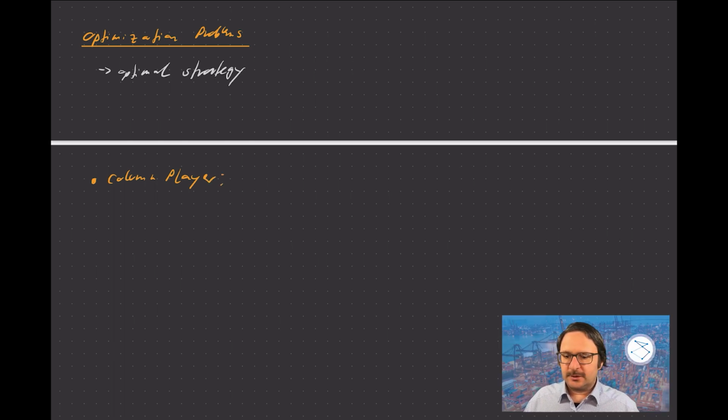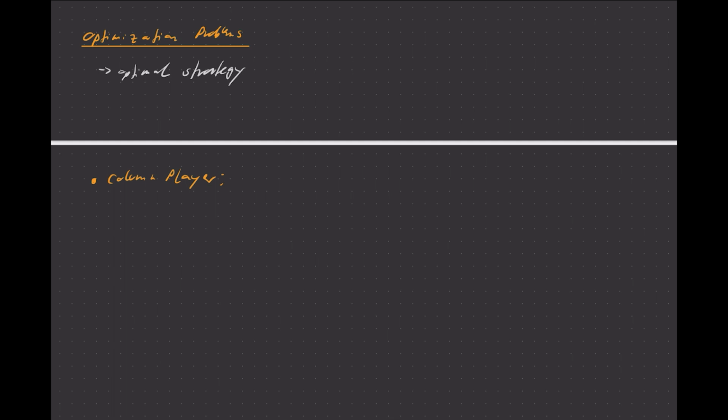So if the column player chooses some strategy, then of course the row player, if he would know that strategy, would be able to find the best response. And as the column player and row player both know everything about that game, the column player would be able to anticipate what the row player does.